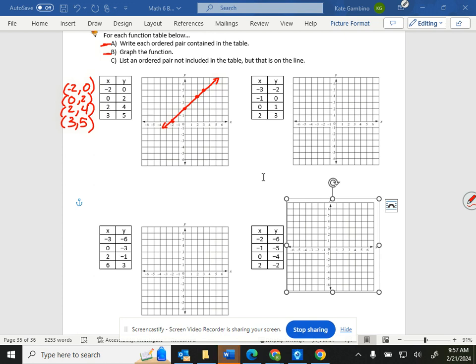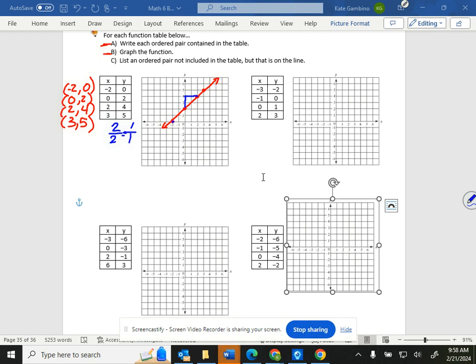Now my last one says list an ordered pair not included in the table, but that is on the line. So I'm going to look at what my slope of the line is. So watch how I'm going to do this. I'm going to go up 2, over 2 is my slope. So if my slope is 2 over 2, what can that be simplified down to? 1 over 1.